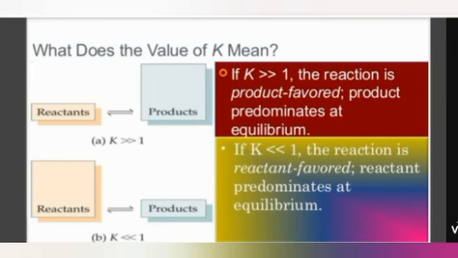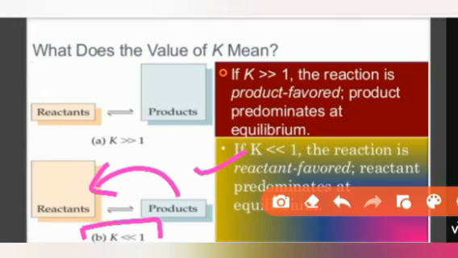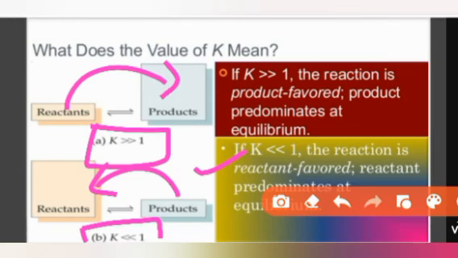If it is the reverse, the reactant predominates, meaning K is smaller. When K is smaller than 1, the reaction is reactant favored, meaning the reverse reaction is predominant. So in the case of reverse, K's value is smaller than 1, and in the case of forward, K's value is greater than 1.